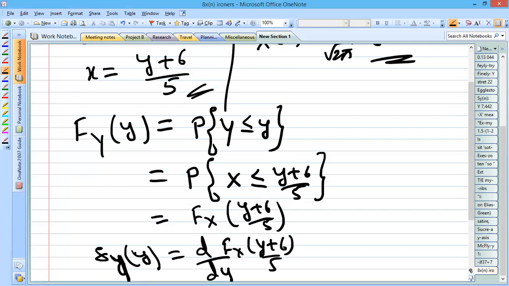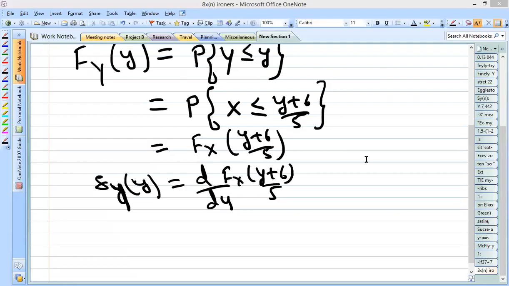So what is the answer? Can anyone tell me from this step? What would be the next answer? Yes, can anyone tell me the answer from this step?